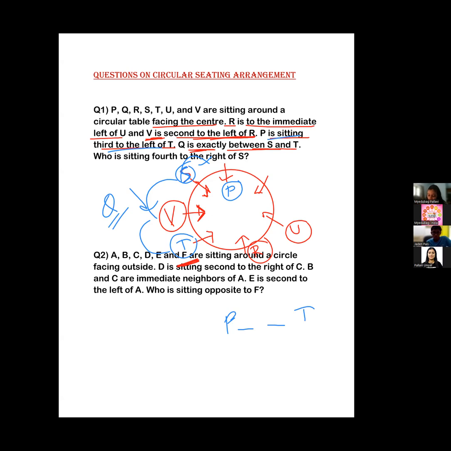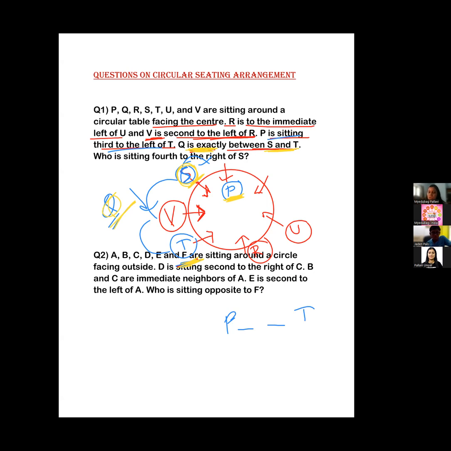See, if I put T over here and, according to T, we have put P third to the left, this is fine. Till here it is fine. But when we have to place Q exactly between S and T, S can be here only, because at the right of T there are no vacant places where we can place S. If S is placed here, then between S and T, Q should come, but V is already sitting here, and we cannot change the position of V because that is already fixed.